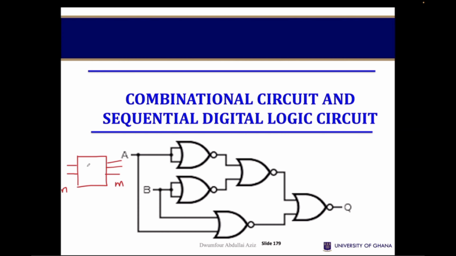For a combinational circuit, all the time, your output depends on your current input. So if your input is X and Y, it takes in values 0,0, 0,1, 1,0, or 1,1.